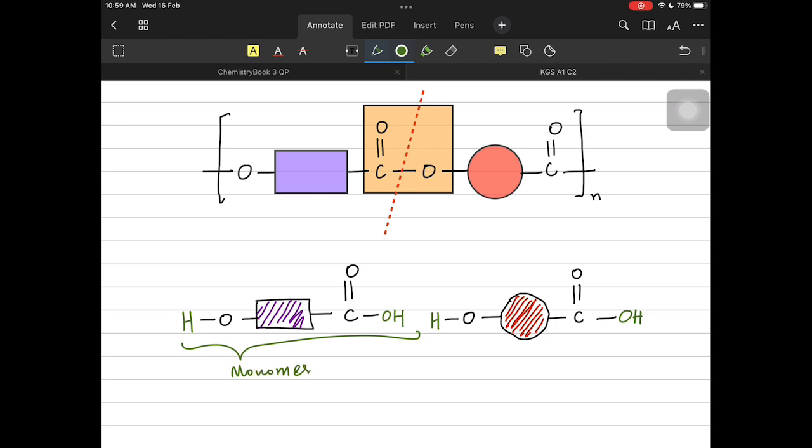The purple box is monomer number 1, and the other one is monomer number 2 over here. You can see you have hydroxyl group on the left side of both monomers, the purple box and the pink circle. Similarly, you have got carboxylic acid functional group on the right side of both monomers.